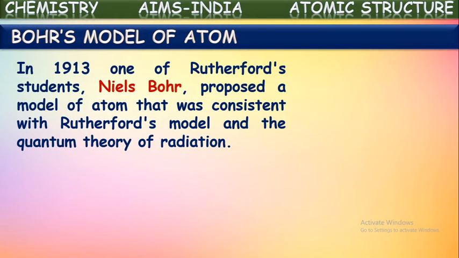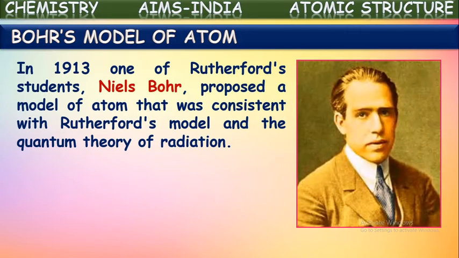In 1913, one of Rutherford's students, Niels Bohr, proposed a model of atom that was consistent with Rutherford's model and the quantum theory of radiation. It means it supports some assumptions from the Rutherford model, as well as the quantum theory of radiation.